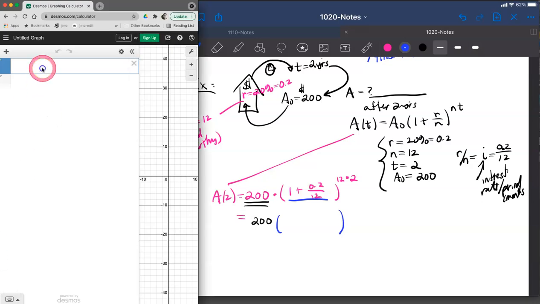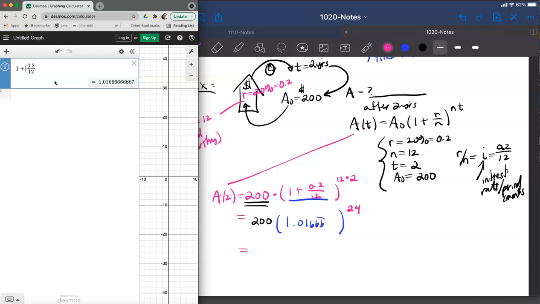In Desmos, I'll come over here to our calculator. 0.2 divided by 12 is 0.0166, that's the interest rate per month. Let's add that to 1. Now we can see our number in blue is 1.01666, repeating. Then we have to the 24th power.